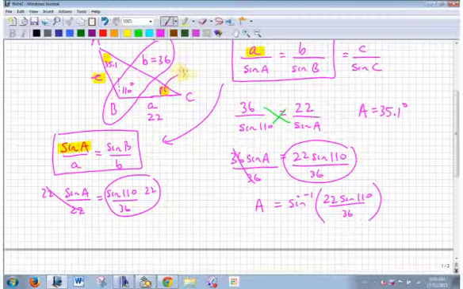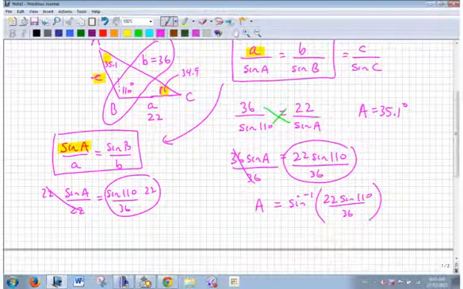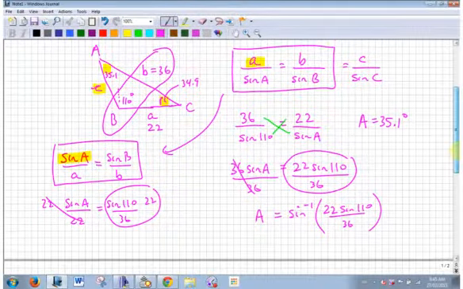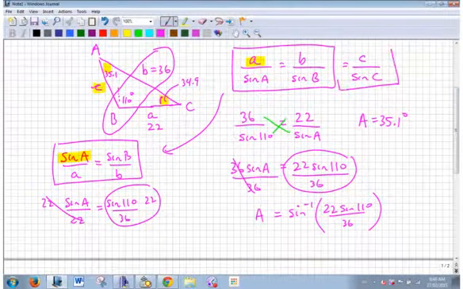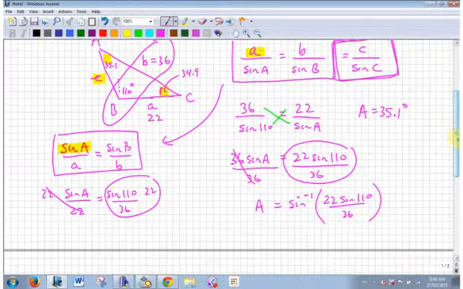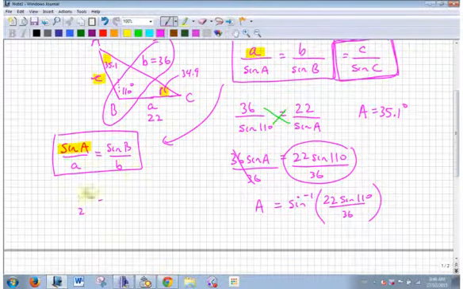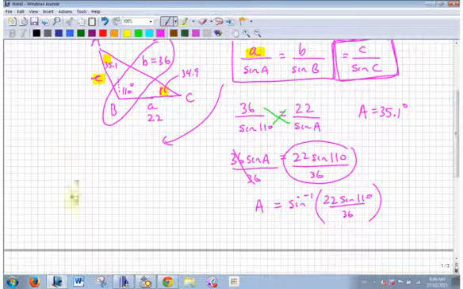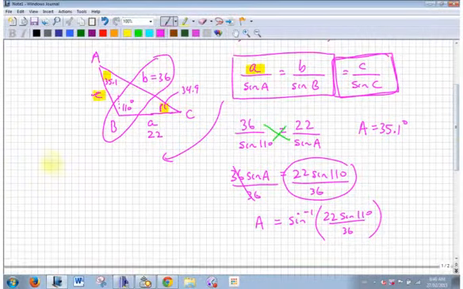Let's put it here. Only one other thing to get. Side C. So if I'm solving for a side, I want to write it like that. Now let me just erase this stuff so I can see my picture here and don't have to scroll down.